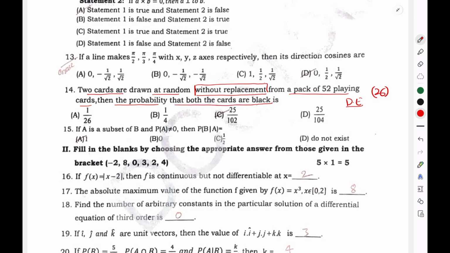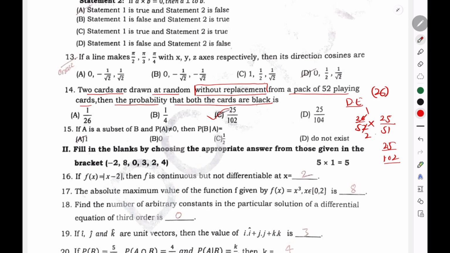So if you draw the first card, what is the probability? Favorable upon total, so 26 upon 52. But once you get a black card, the total black cards remaining are 25 only. So the probability will be 25 upon 51, since one card is already drawn. So 26 upon 52 times 25 upon 51. The answer is 25 upon 2 into 51, that is 25 upon 102.